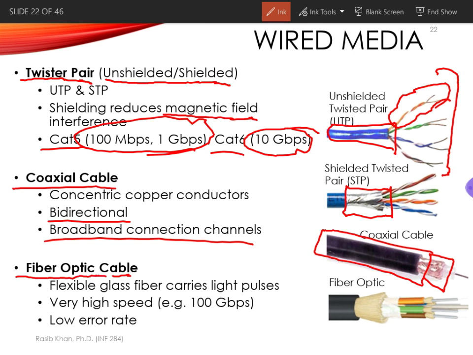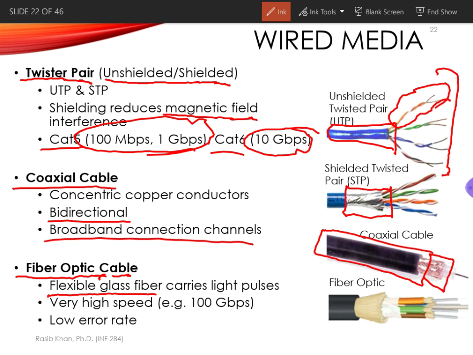Finally, the third kind, probably the fastest for wired media, would be fiber optic cable. In this particular type of cable, it uses light as the transferring signal. So there are flexible glass fibers, which are basically thin strands of glass, and they allow you to carry light pulses and also allow you to bend the wires.